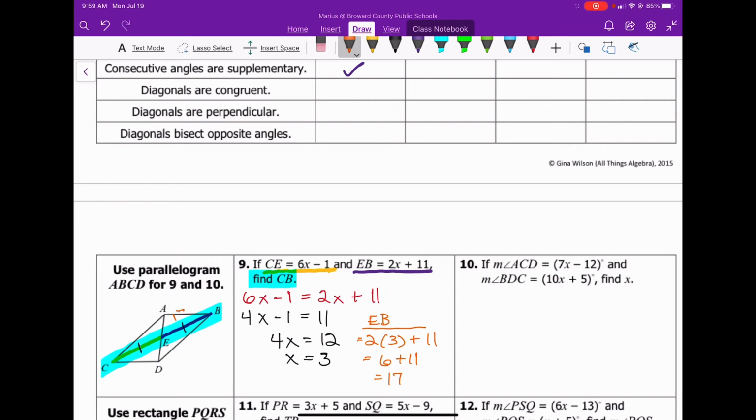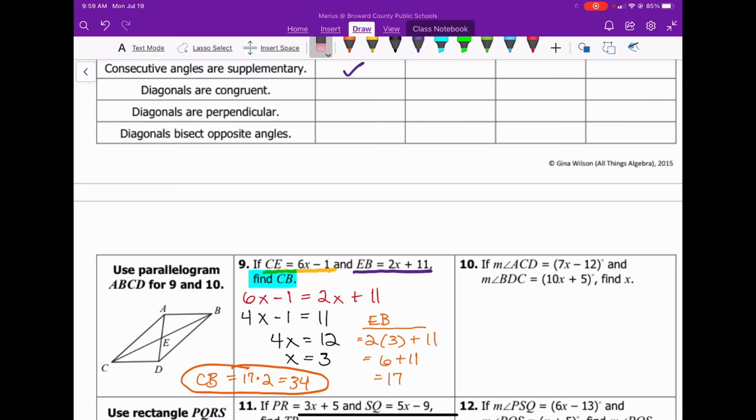So if E to B is 17, then C to E is also 17. And then I just need to do 17 times 2, which equals 34. And that's equal to C to B. Okay. So C to B, or CB, is equal to 34. All right.